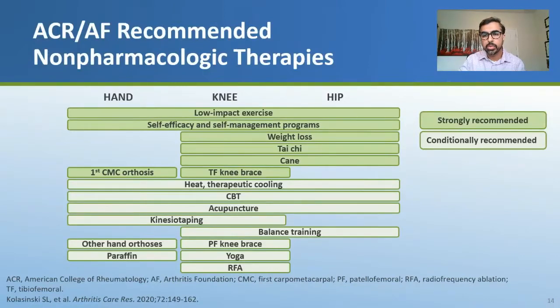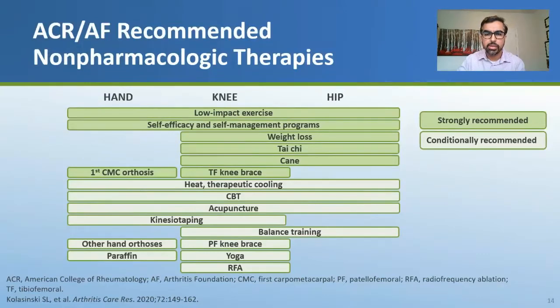For the knee and hip specifically, there's a recommendation for weight loss, Tai Chi, and cane. And the weight loss was actually based on a study done in 2018, which showed that about 10% or greater weight reduction had a significant improvement in WOMAC scores and pain indexes, and even a 6-minute walk distance exam that was done.